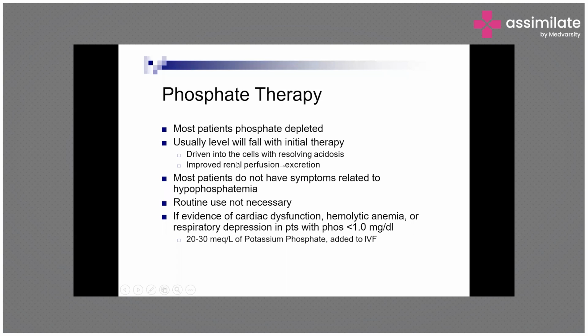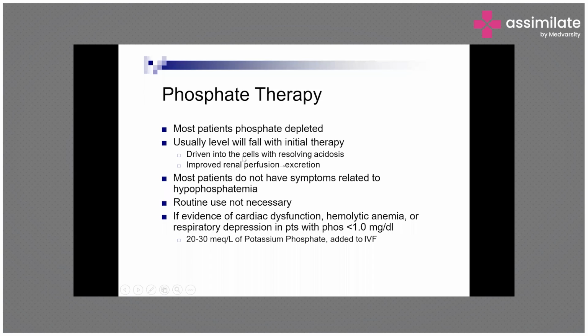Okay, once the acidosis resolves, there will be a shift of phosphate inside the cell. So during the resuscitation phase and resolution phase, you will see this phosphate deficiency more often. Initially there may not be phosphate deficiency, but because of insulin therapy and fluid resuscitation, the phosphate levels go intracellularly and cause hypophosphatemia.